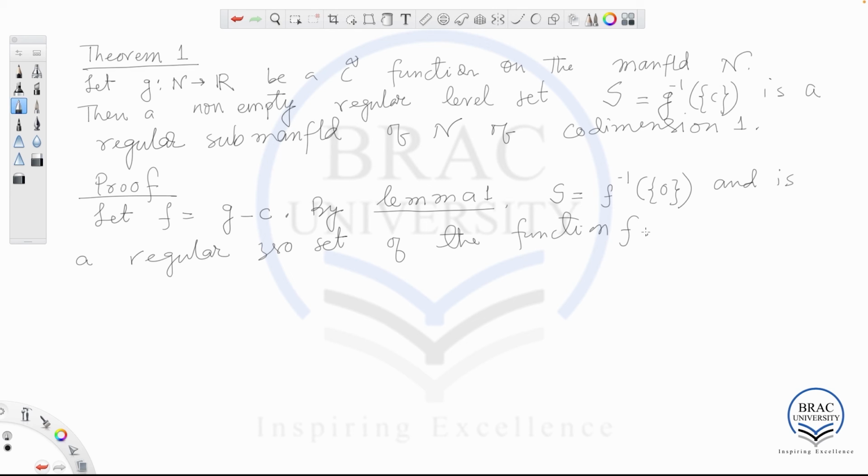Okay. Because S is the regular level set of the function g of level C, right?